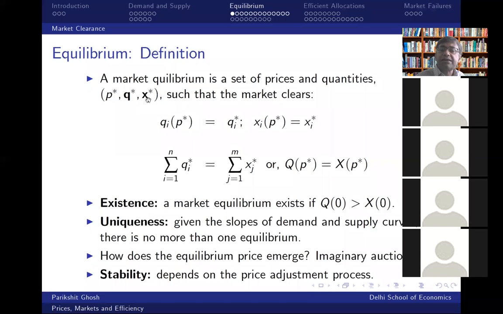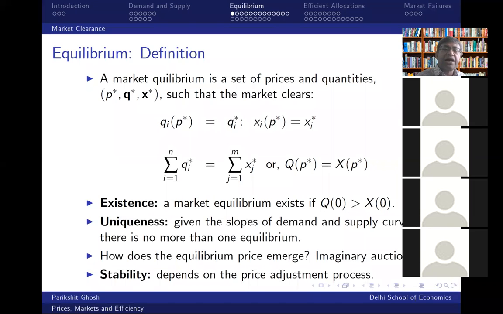Capital Q and capital X represent vectors. So if I open it up, Q star is Q1 star, Q2 star, up to Qn star. It's an n-dimensional vector capturing the quantities purchased by the n different consumers. Similarly, X star is an m-dimensional vector, with one quantity for each firm.